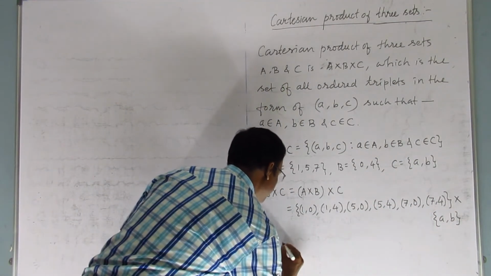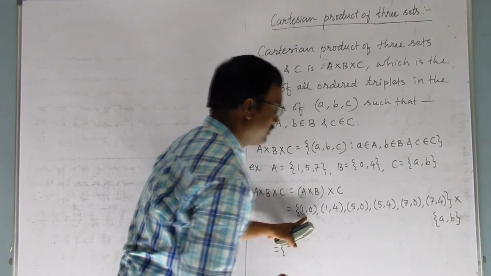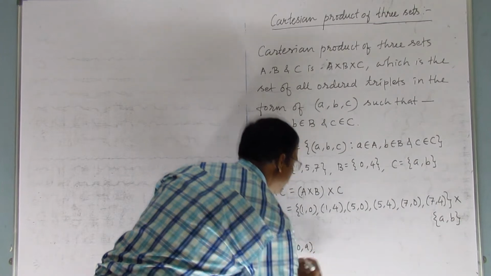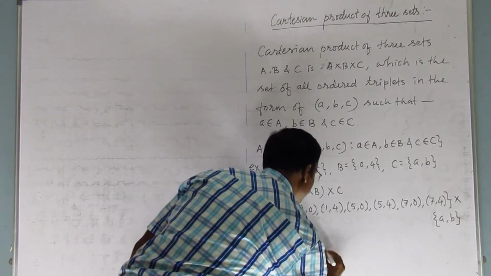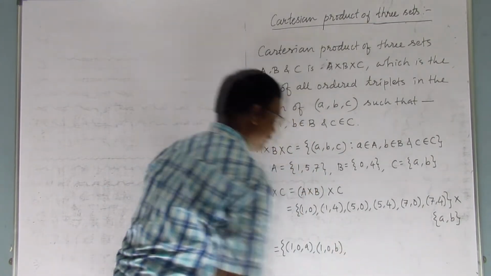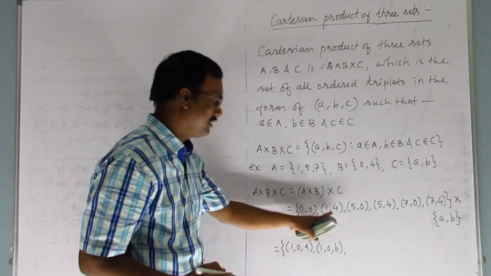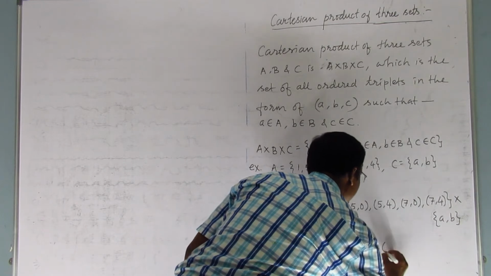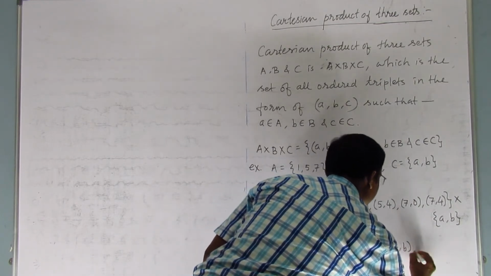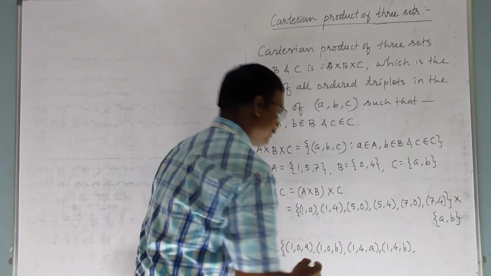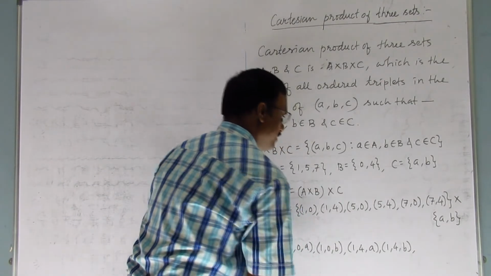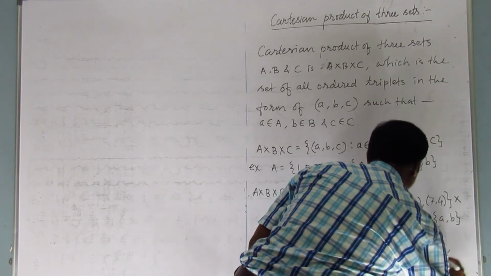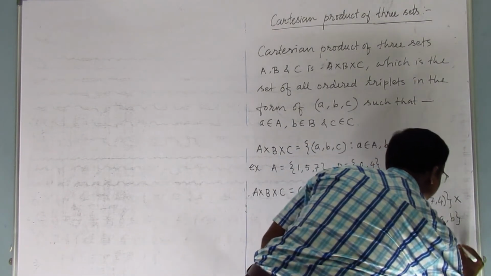So this will be then (1, 0, a), (1, 0, b). That's all for (1, 0). Then with this (1, 4, a), (1, 4, b). Then with (5, 0): (5, 0, a), (5, 0, b).